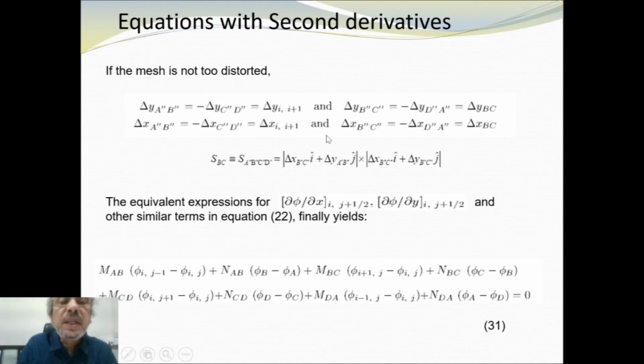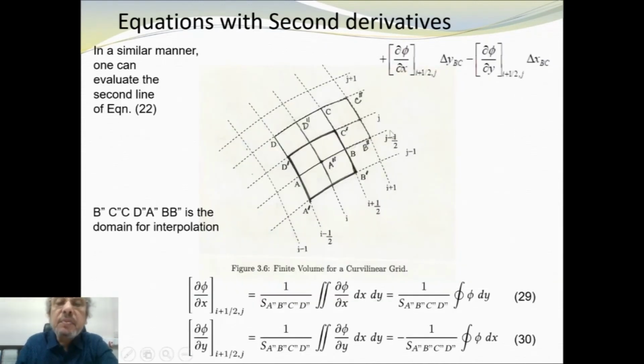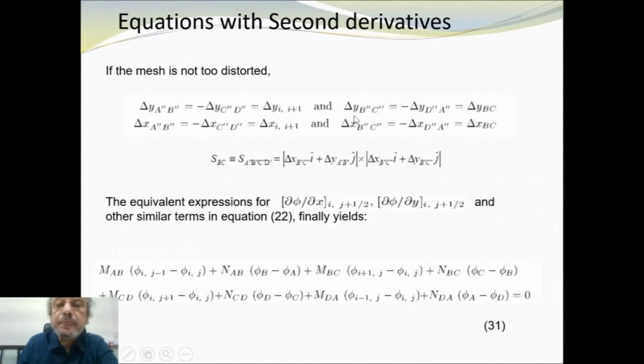So this way we have calculated these parameters, and as we know this area means basically A double prime B double prime into B double prime C double prime, and A double prime B double prime means X component into I, Y component into J. Similarly, B double prime C double prime means its X component I plus Y component into J.